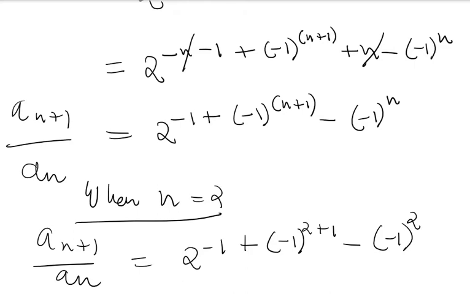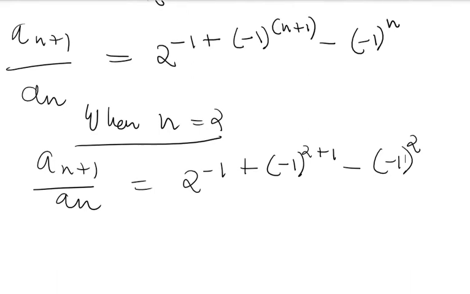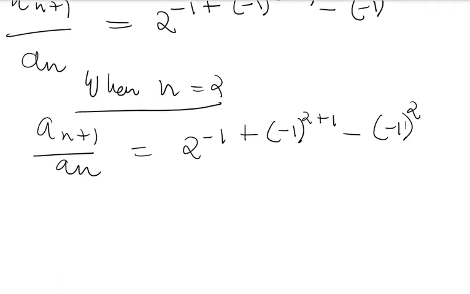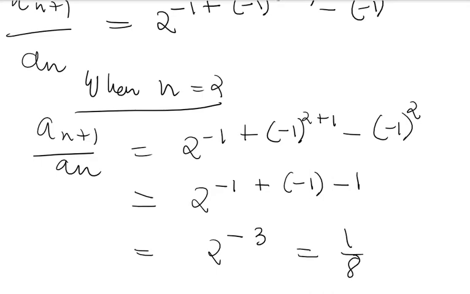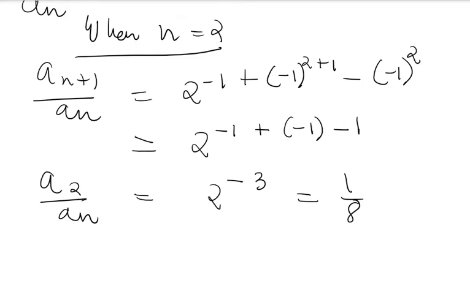So this is a negative 1 over here, so that becomes 2 to the power minus 1 plus minus 1 minus 1. So that is 2 to the power minus 3, that is 1 by 8. So a_2 by a_1 actually, not a_n, I'm going to change that to a_1.